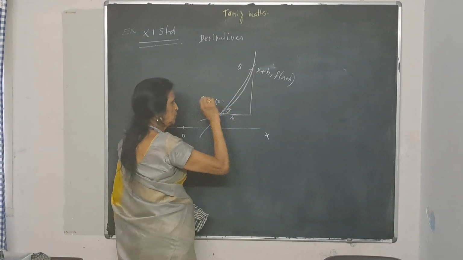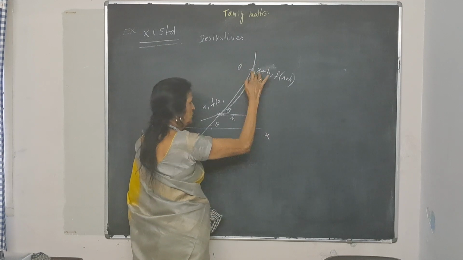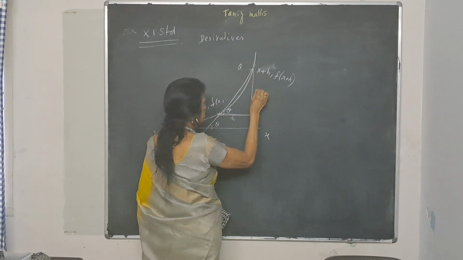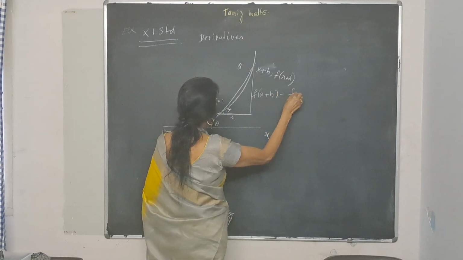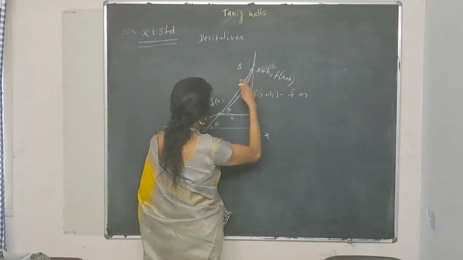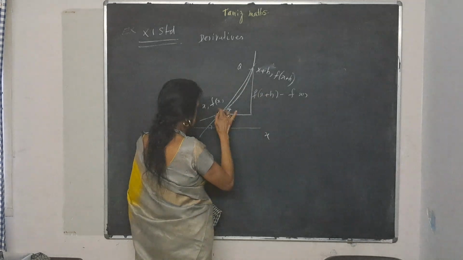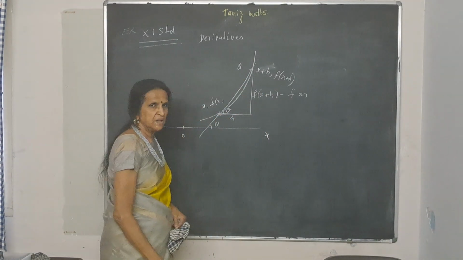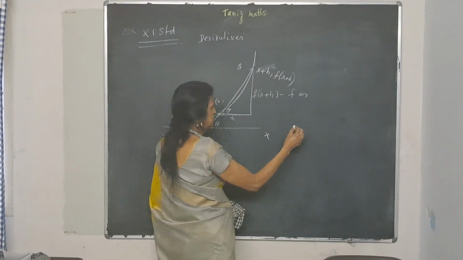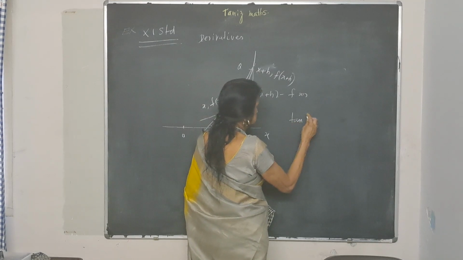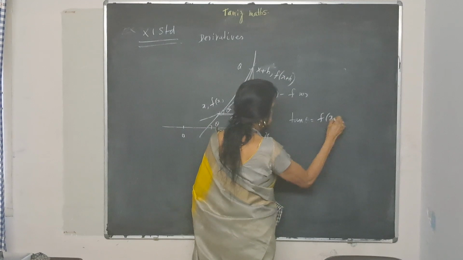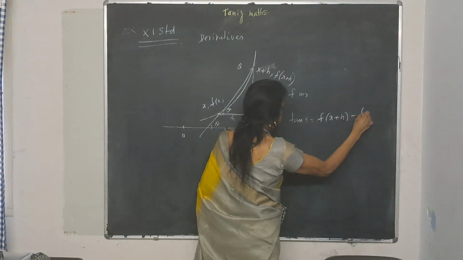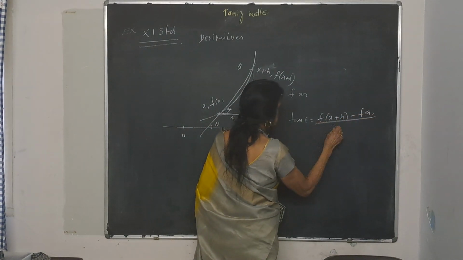This will be the y-coordinate here minus the y-coordinate here, that is f of x plus h minus f of x. Now tan theta is equal to f of x plus h minus f of x by h.